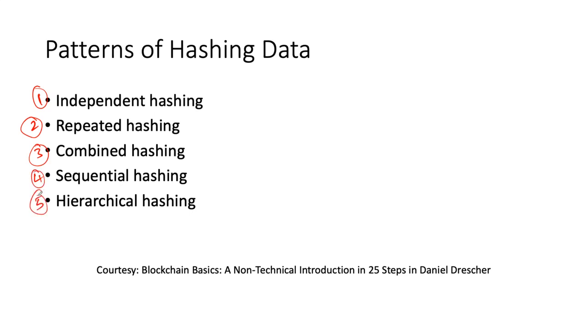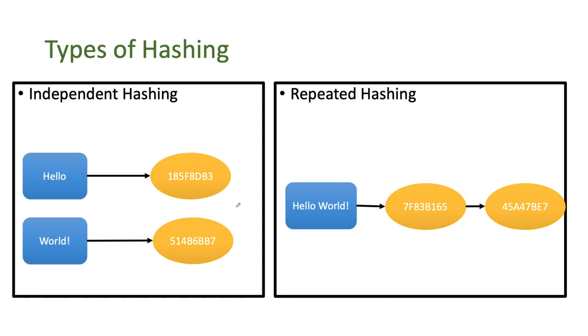So there are 5 different patterns of doing hashing. Let us see this one by one. Why? Because hashing of your data will be most useful in blockchain technology, especially in the application of Bitcoin.